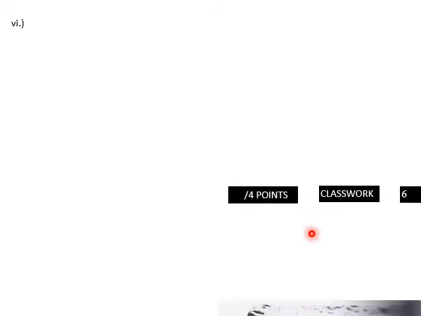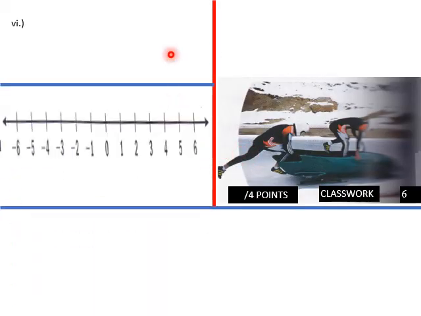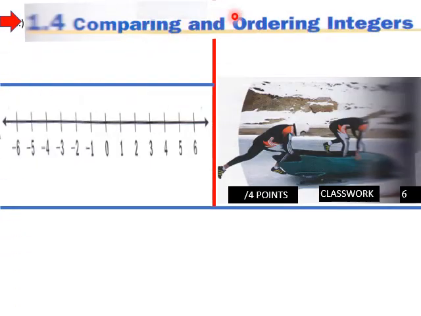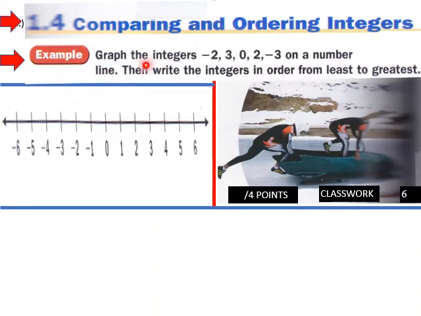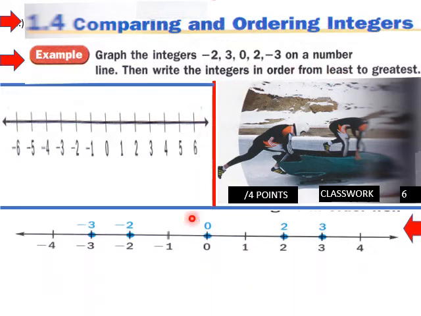So moving on to our next section here, which is 1.4, comparing and ordering integers. Graph the integers -2, 3, 0, 2, -3 on a number line, then write the integers in order from least to greatest. So on this one, here we are. -3 is over here. -2 is here. 0 is here. 2 is here.